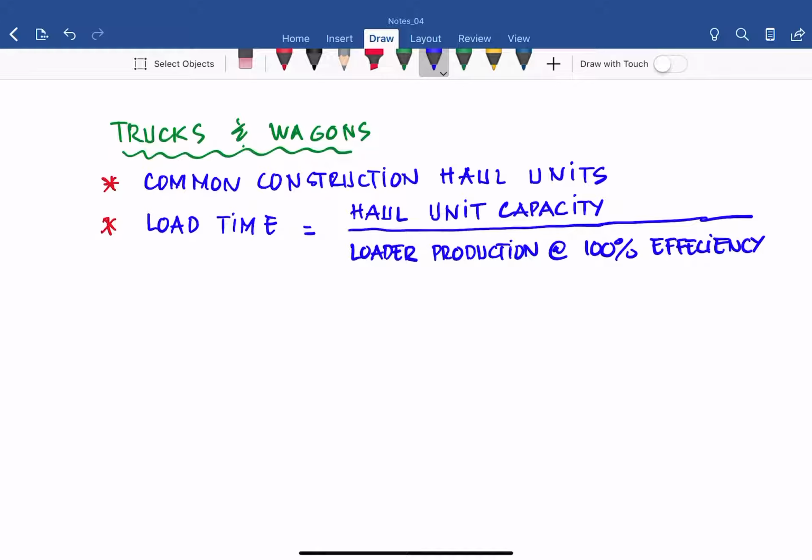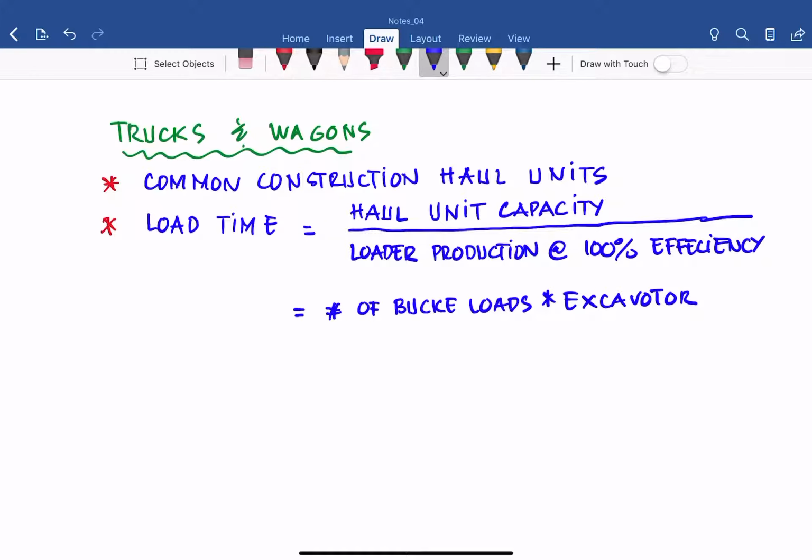Or the other way to determine the load time, it can be equal to the number of bucket loads, how many times of load that excavator have, times the excavator or loader cycle time, the excavator cycle time.